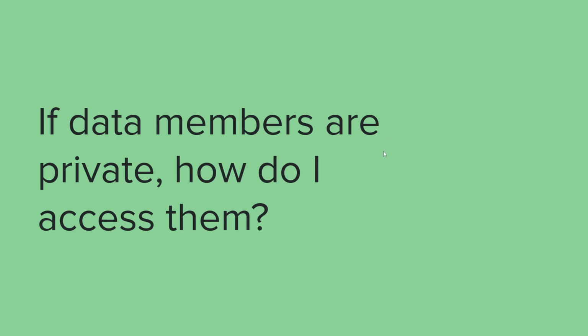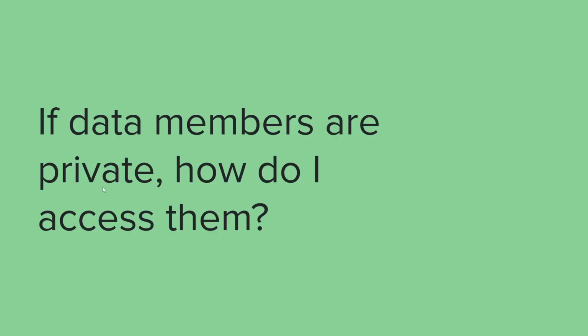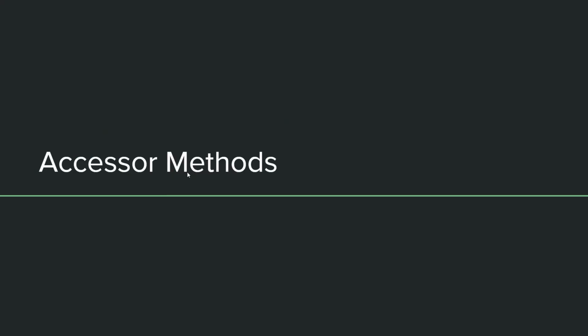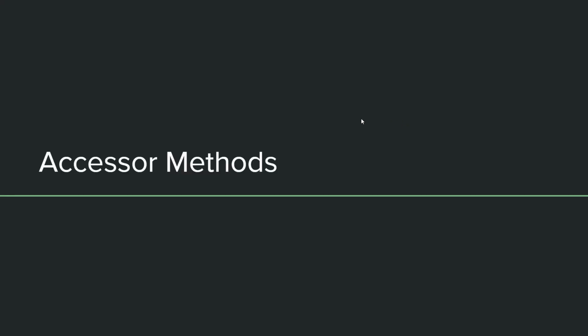So if data members are private, how do I access them? How are we able to access these variables if they're private? What if I want to access them outside? So we have the thing called accessor methods. Accessor methods are functions so that we are able to access these variables. It looks kind of weird, no?